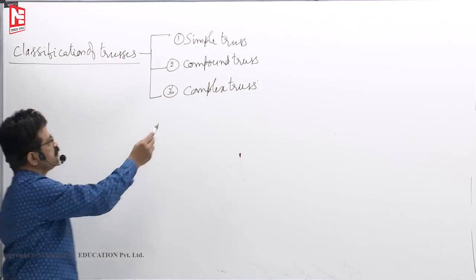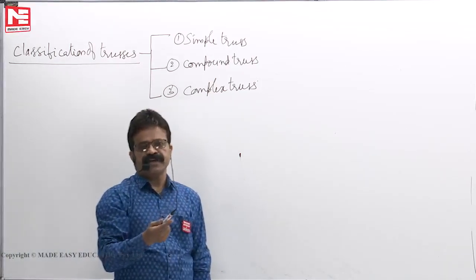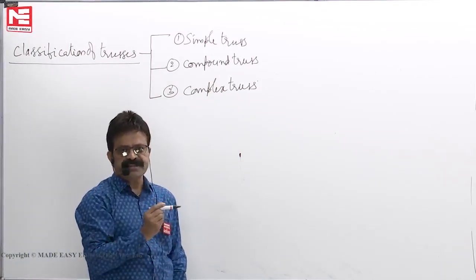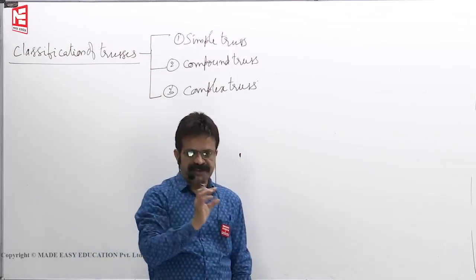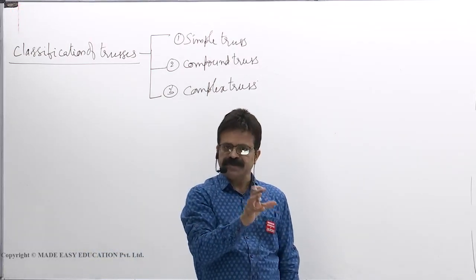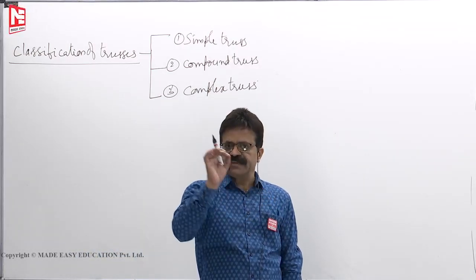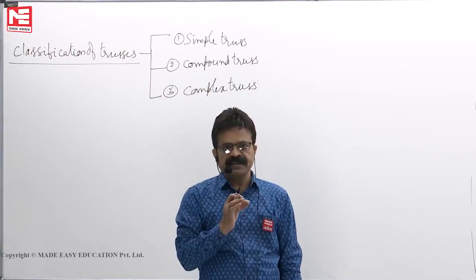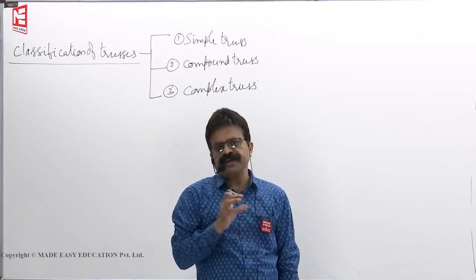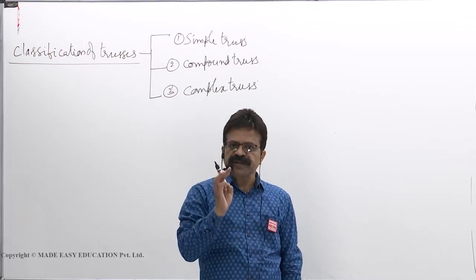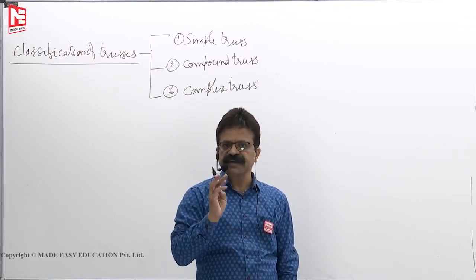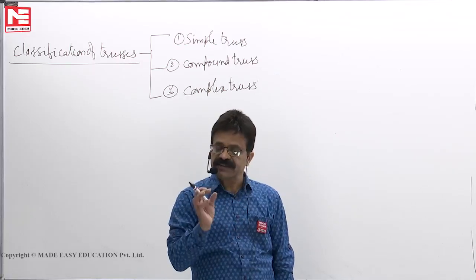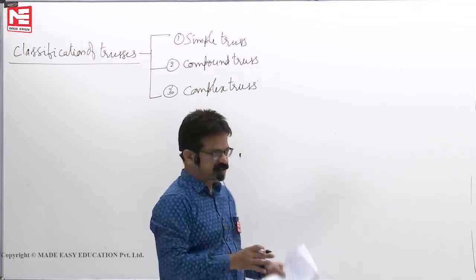Simple truss means, as I told you, what we have calculated was simple trusses. m is equal to 2j minus 3. First one triangle will form, stable one. Then for each additional joint, two members are attached. If you make it triangles like that, we get a stable, triangulated, determinate truss. Such trusses are called simple trusses.